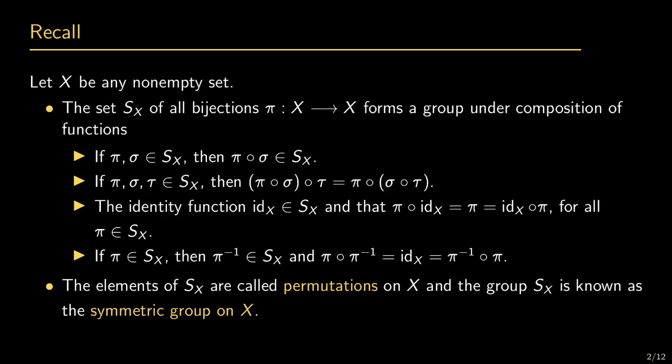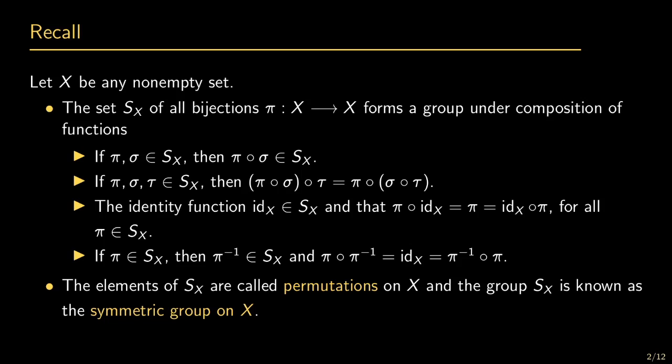To further explain why the set will form a group, these are the details. If you have two bijections on X, from X to X, pi and sigma, then their composition is also a bijection, meaning the set S sub X is closed under composition of functions.